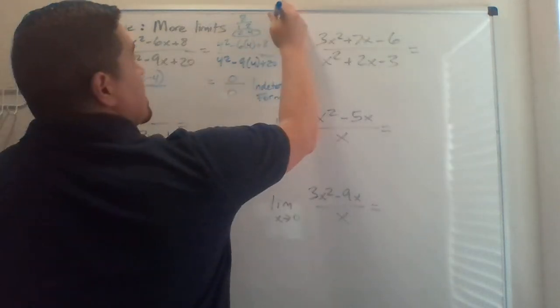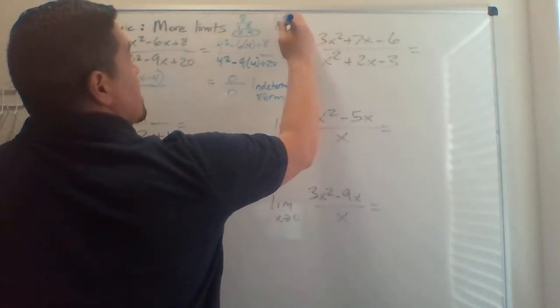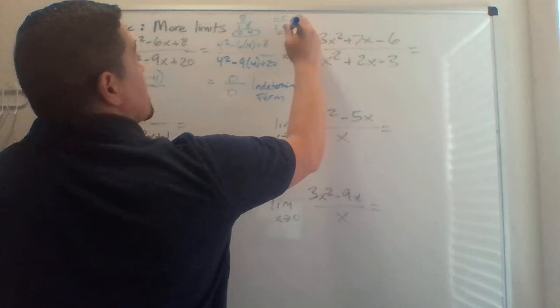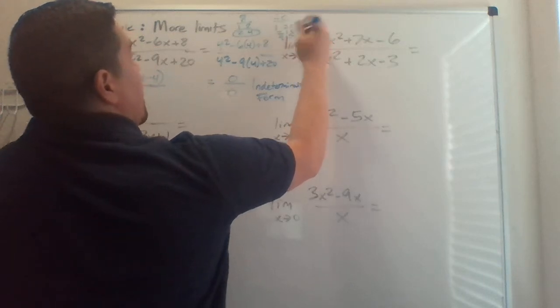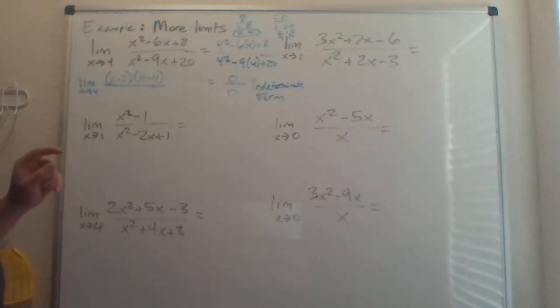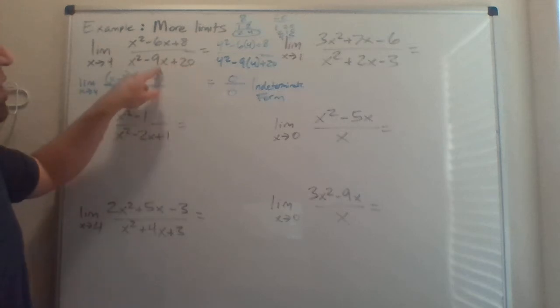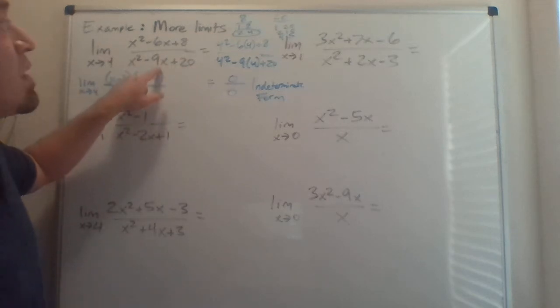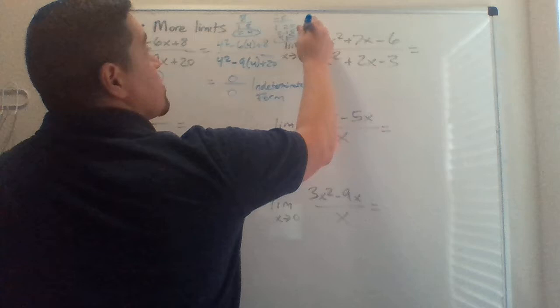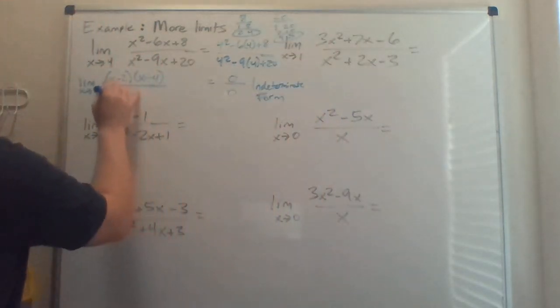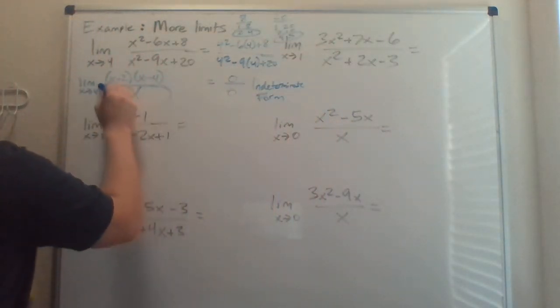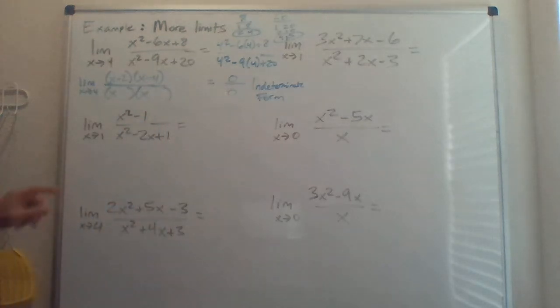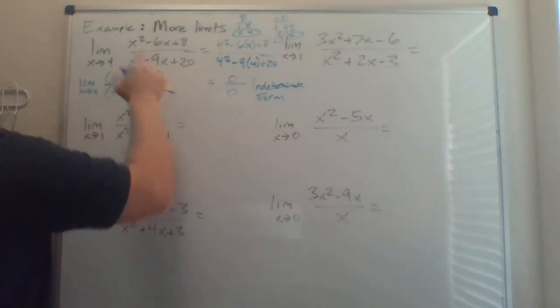I'm going to make a list for factors of 20, 1 and 20, 2 and 10, and 4 and 5. Of those factors, which ones can I get to add or subtract to negative 9? The only way I'm going to get that is with 4 and 5. Now, I'll do a similar thing here, and I need to make them multiply to 20 and add up to negative 9.